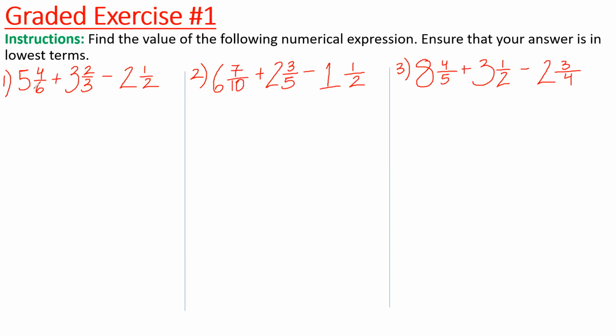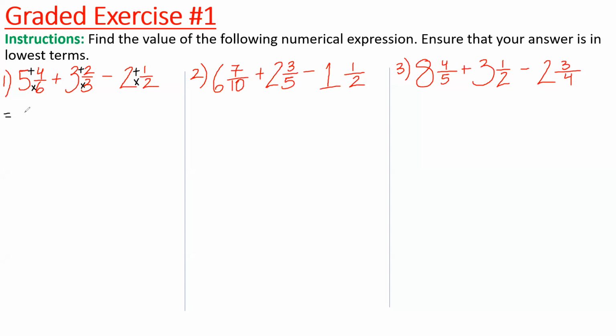Okay, go ahead, Kingston. What's the first thing we're going to do? The first thing we're going to do is turn the mixed numbers into improper fractions. Very good. So we multiply 5 times 6, which is 30, plus 4 is 34 over 6.